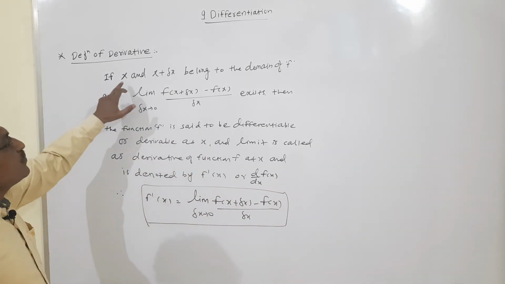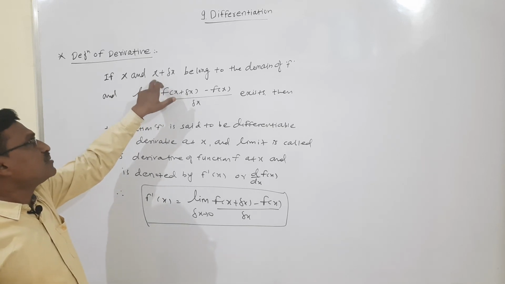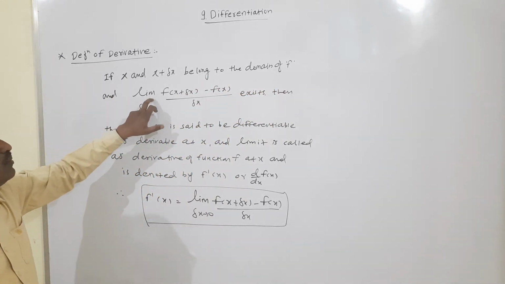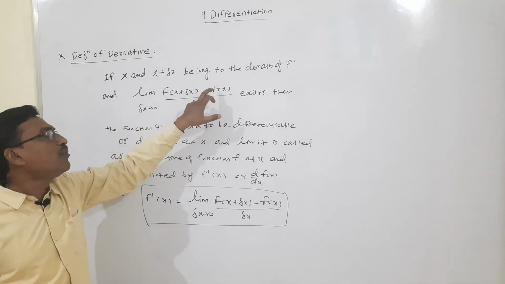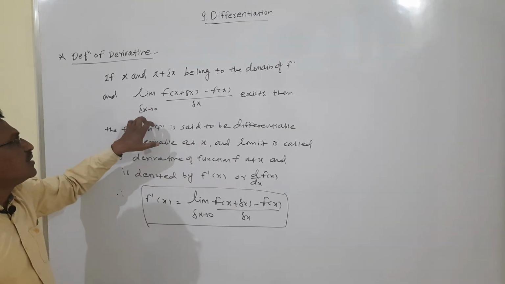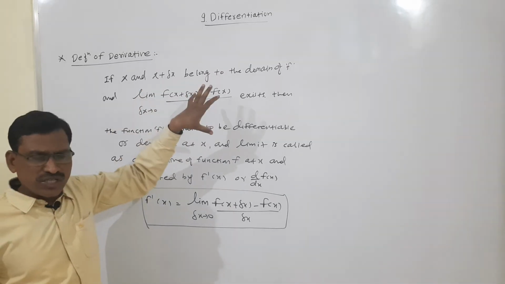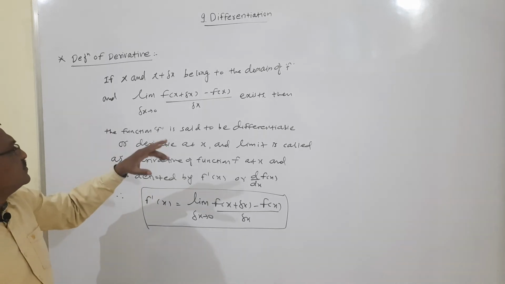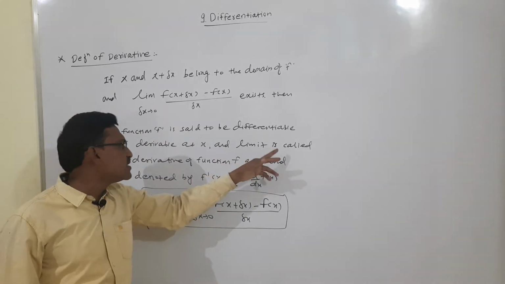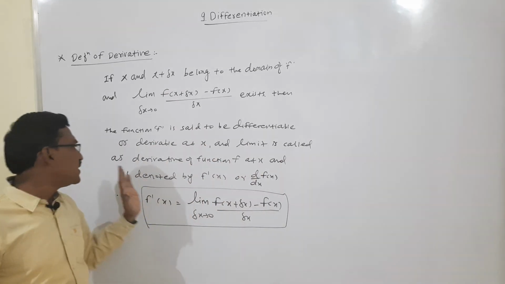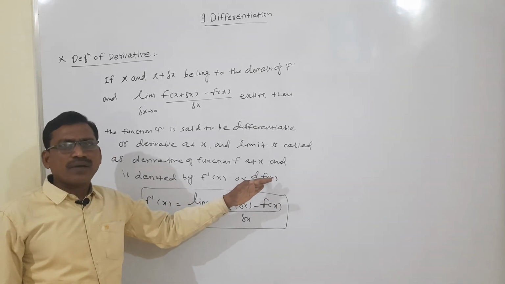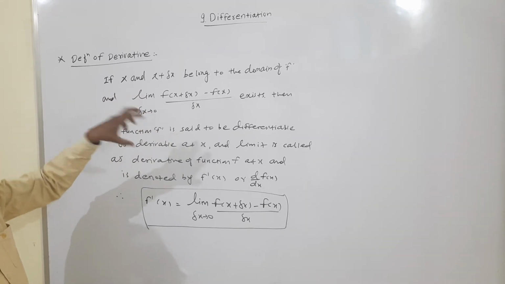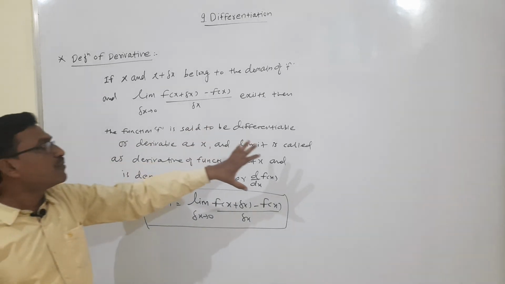So here, if x and x plus delta x belong to the domain of the function f, and if this limit exists, then the value of this limit is called the derivative of the function f at x, denoted by f dash x or derivative of f of x with respect to x, and the function is said to be derivable or differentiable.